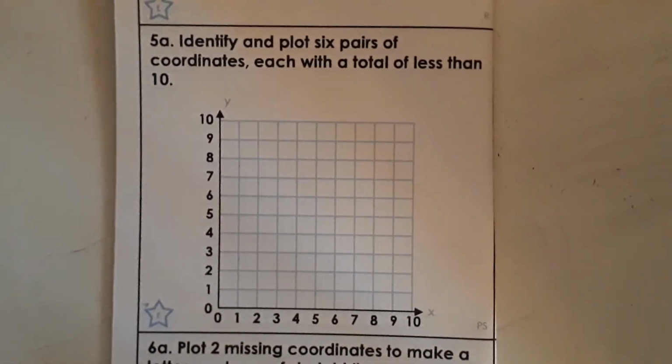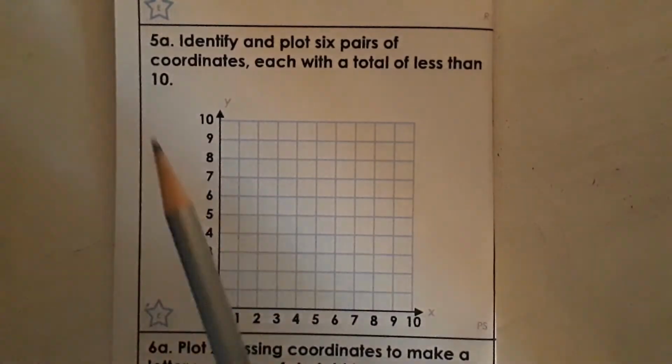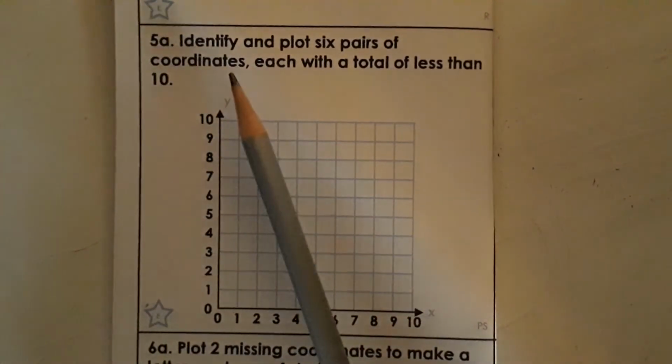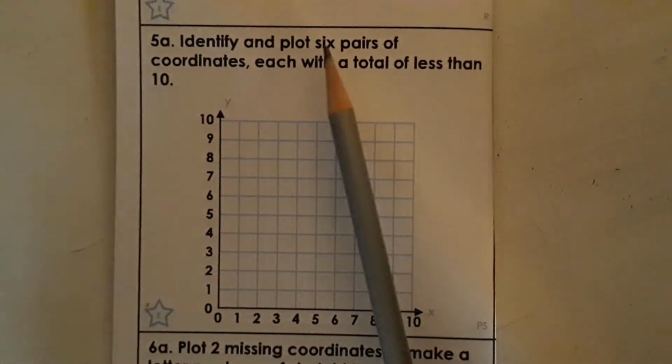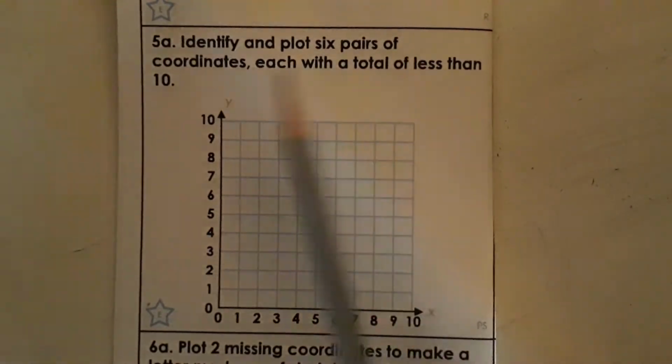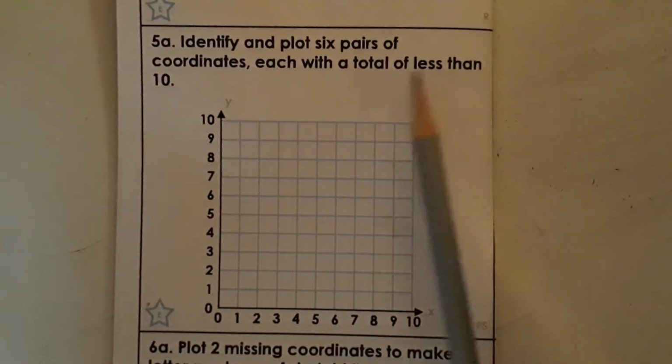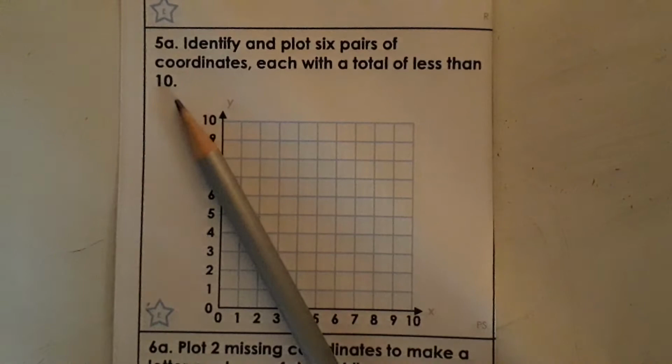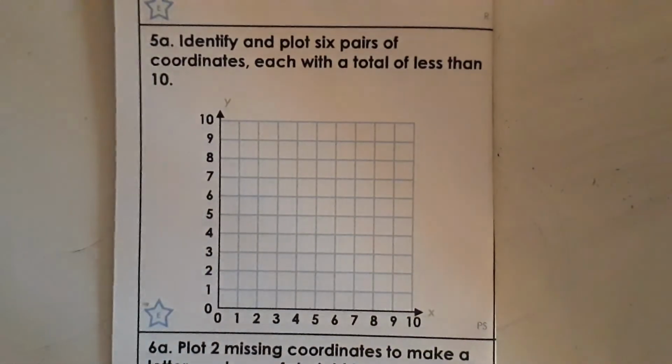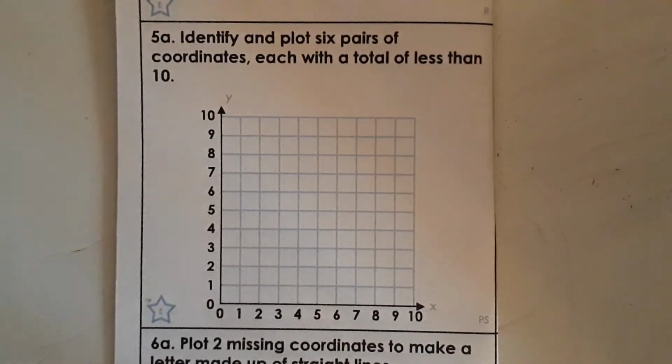Maybe not all of them are incorrect. 5A, identify and plot this time 6 pairs of coordinates, each with a total of less than 10. So you can do that, work accurately.